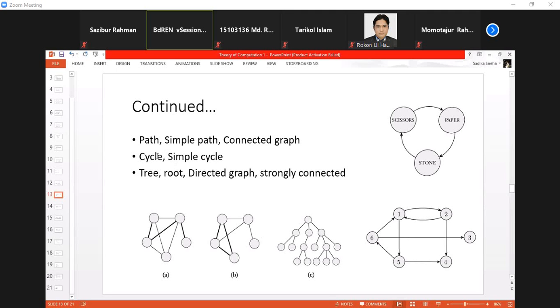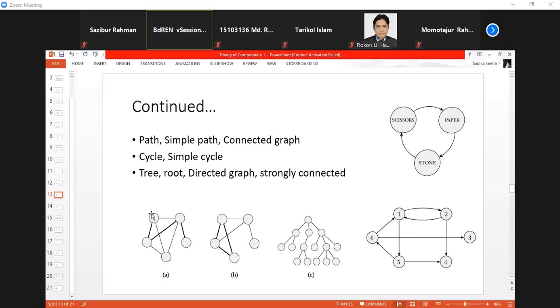As you can see, cycle and simple cycle. So what is cycle? If we start and end at the same node. Now, as I was saying from the definition of self loop: if the starting node and ending node of an edge is same, then that is a self loop.